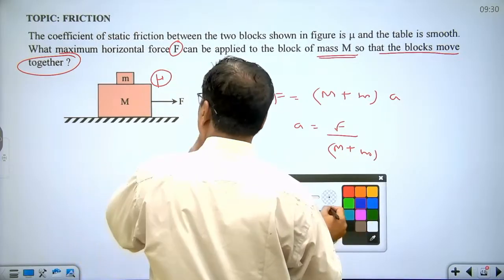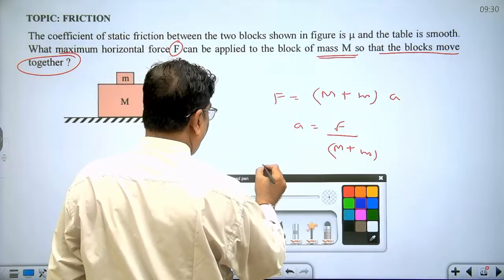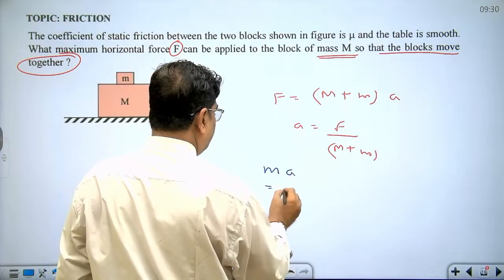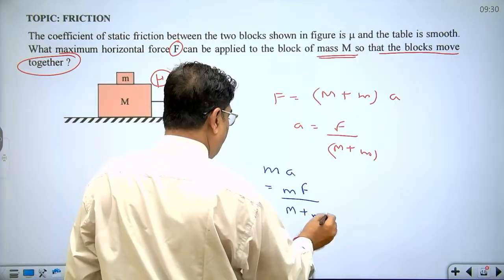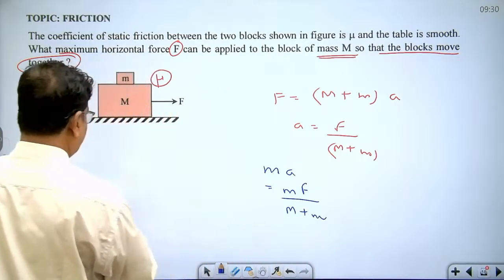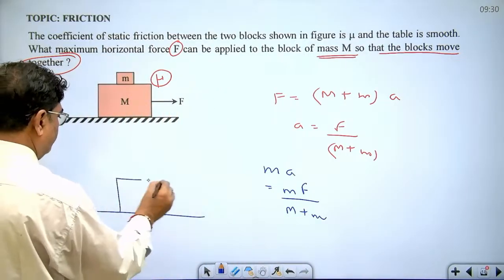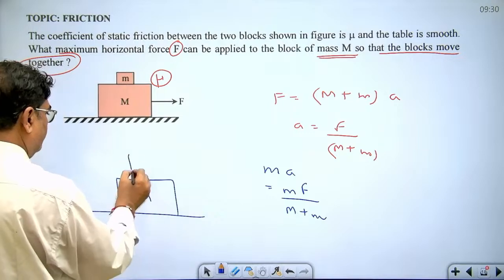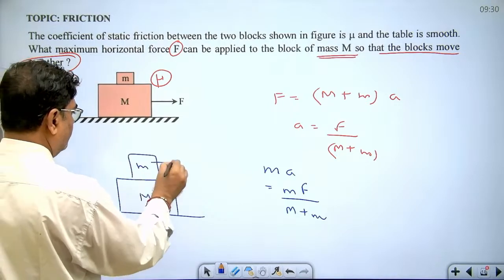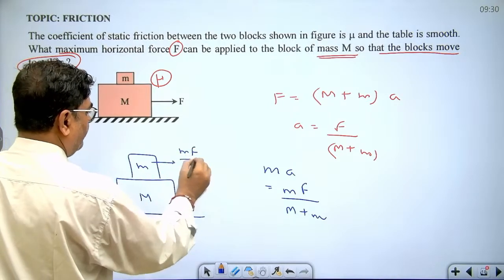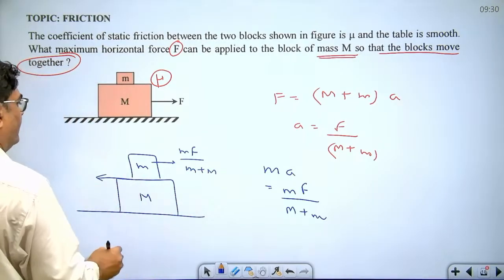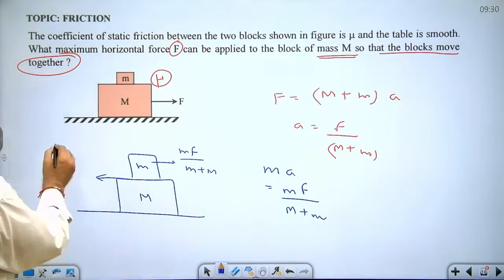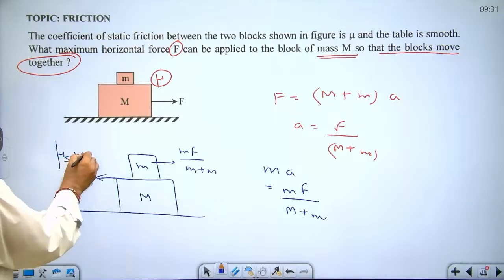Now, the force transferred on the block of mass m is ma. This is equal to what? mF upon M plus m. If this is the force transferred, mF upon M plus m should be equal to the limiting frictional force, which is mu s mg.